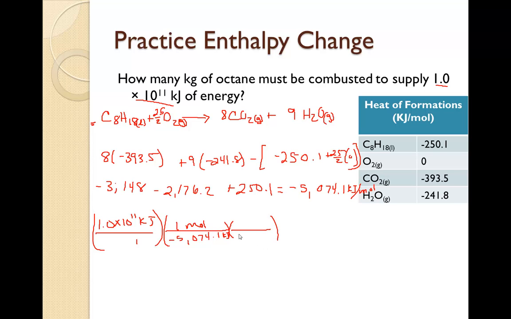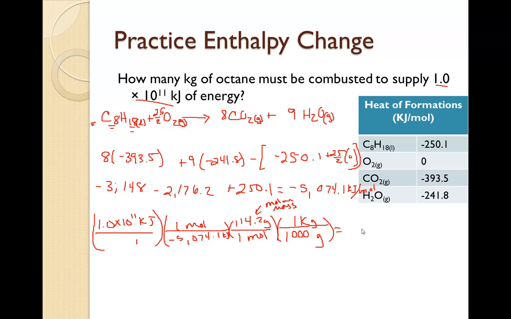This is the molar mass of octane. So there's 8 carbons, so 8 times 12.01, and 18 hydrogens, so 18 times 1.01 added together, and that's what you get. 1,000 grams, 1 kilogram, because it's asking for kilograms. So 1 times 10 to the 11th divided by 5,074.1 times 114.2 divided by 1,000. That comes out to be 2.25 times 10 to the 6 kilograms.